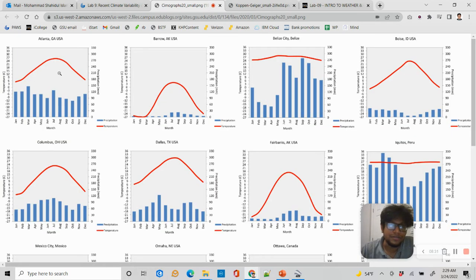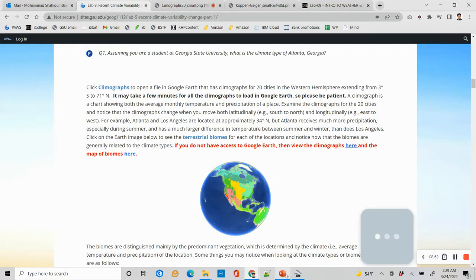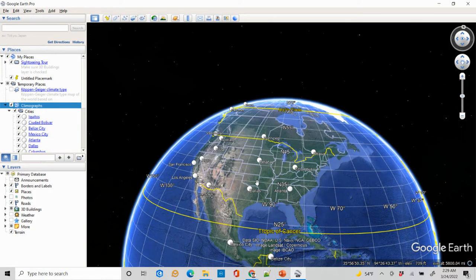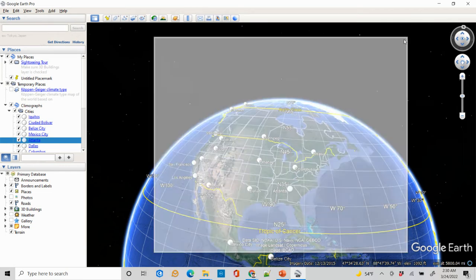This graph has information about Atlanta, Barrow in Alaska, Belize City in Belize, Boise in Idaho, I guess. ID means Idaho, I guess. Then Fairbanks in Alaska, Iquitos in Peru, Dallas, Texas. If that doesn't work on your end, here I can click on a point and it will show me this.